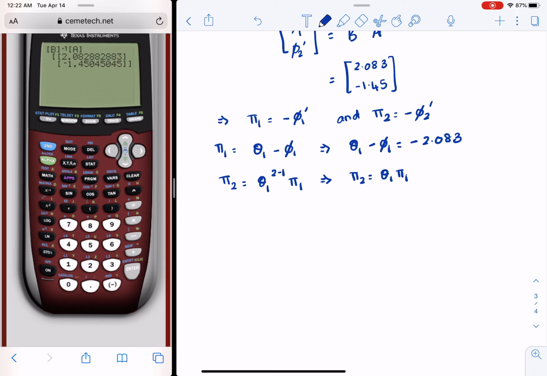Which is simply pi 2 equals theta 1 times pi 1. Now, I already know what pi 1 and pi 2 are. Pi 2 is negative of negative 1.45 because pi 2 is negative phi 2 prime, and theta 1 times pi 1 is negative phi 1 prime, so I have minus 2.083, which would imply theta 1 is 1.45 divided by 2.083.